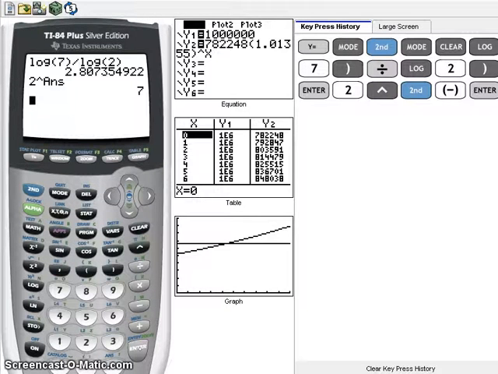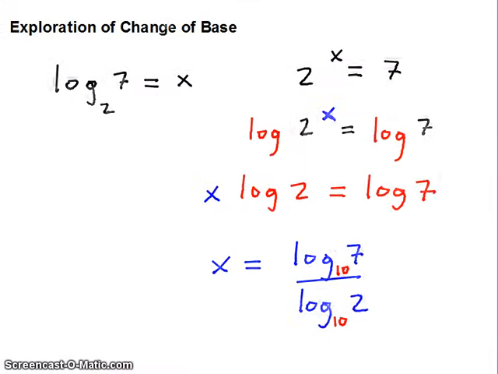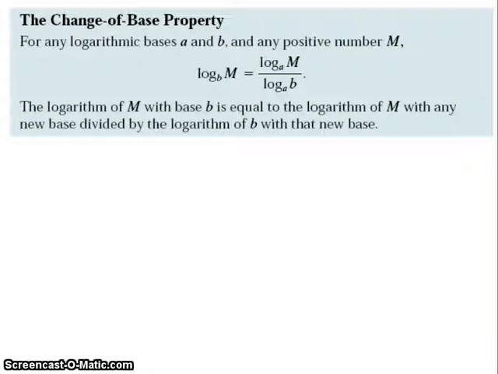So let's jump back. So once again, we can use the change of base rule to figure out how to solve for an unknown exponent. And we don't have to go through this process every time because there's an actual rule, a change of base property, where we don't have to go through all those steps that I previously showed you.